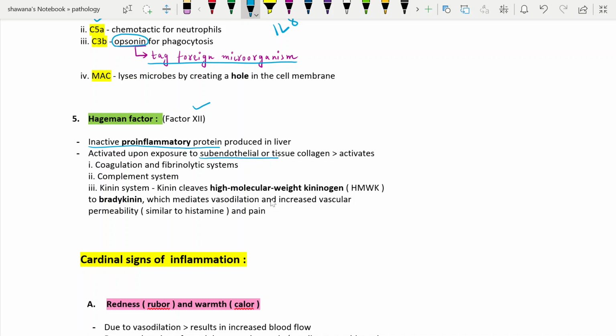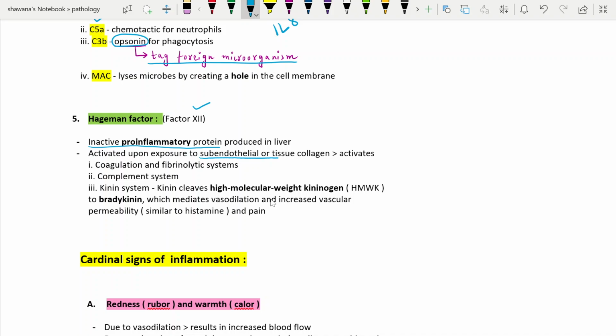First is the coagulation and fibrinolytic system, second is the complement system, and third is the kinin system.